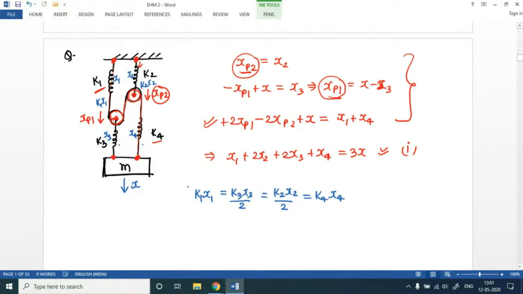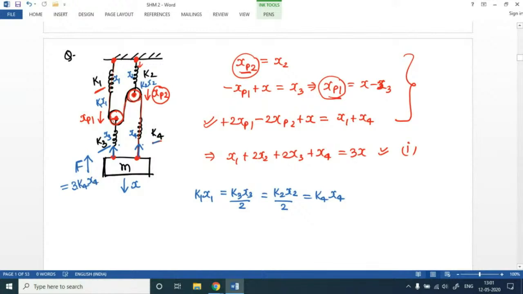And now let's also introduce, let's say, the restoring force is F. The restoring force will be exerted by the K3 spring and K4 spring. So you must realize F is equal to k3 x3 plus k4 x4. But you should also realize that k3 x3 is nothing but 2 times k4 x4. So F is equal to 3 times k4 x4.